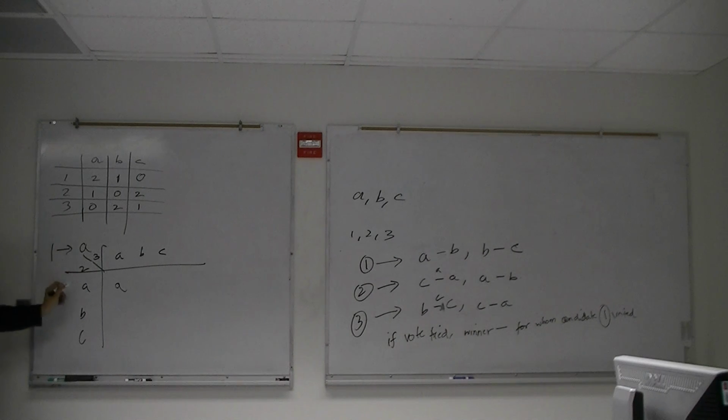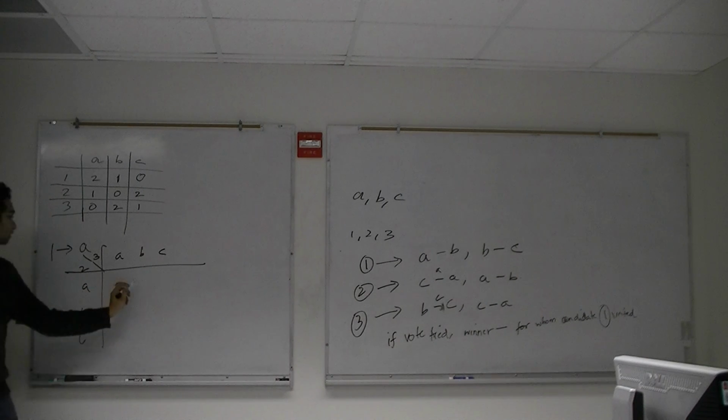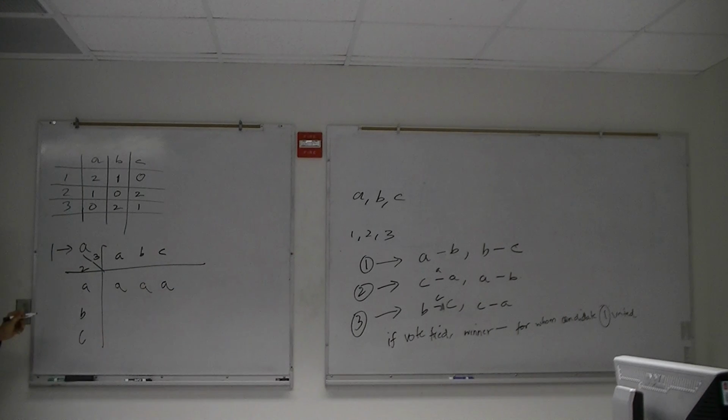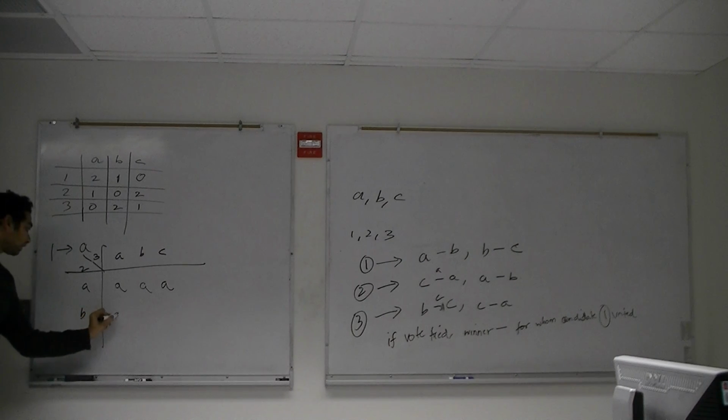So when player 1 chooses A, player 2 chooses A. Do you want to complete the matrix? Just A, B, A, it's A again.